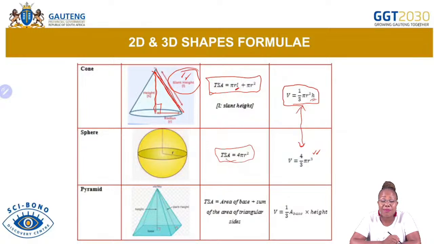For a sphere, it must be r to the power 3. The formulas will be given to you in a formula table, but you must be able to identify which one is the correct one. And then now with the pyramid, the total surface area will be the area of the base. So we are talking about the area of a base.